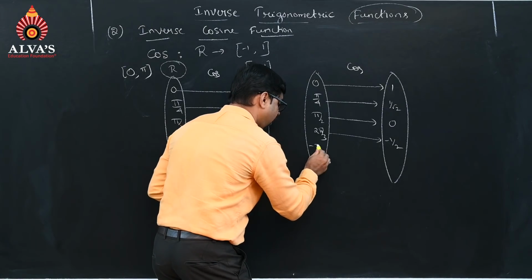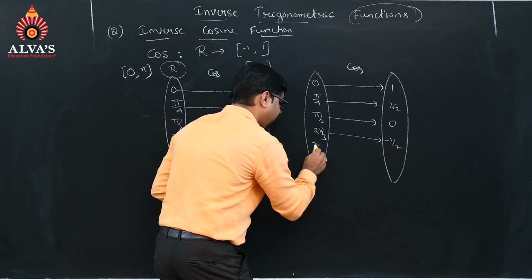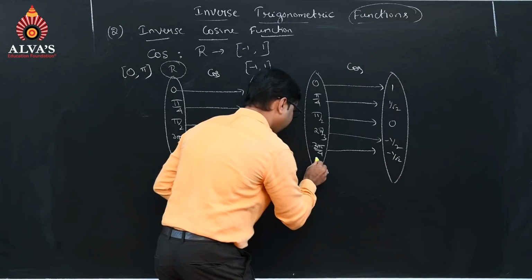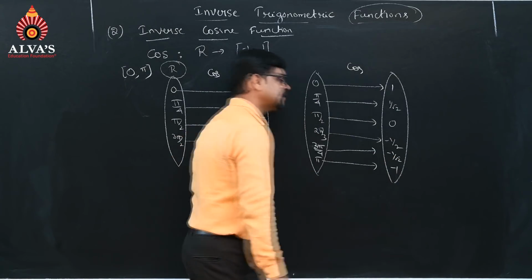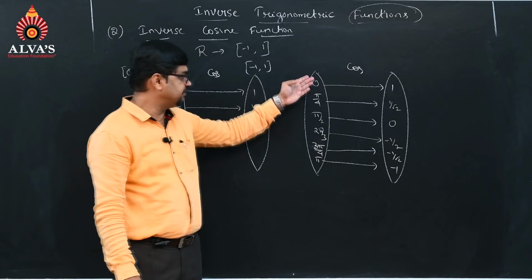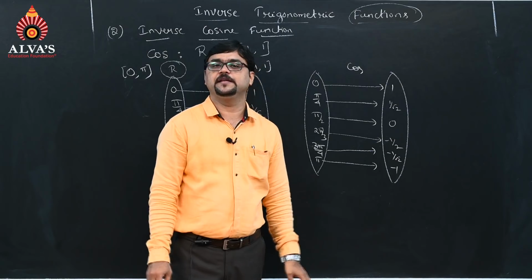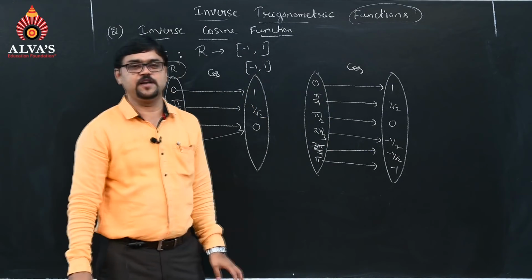And if you take cos 3 pi by 4, it will become minus 1 by root 2 and cos pi becomes minus 1. So clearly distinct elements of domain have distinct images in codomain. Therefore it is one-one.